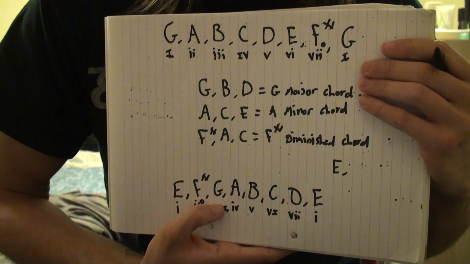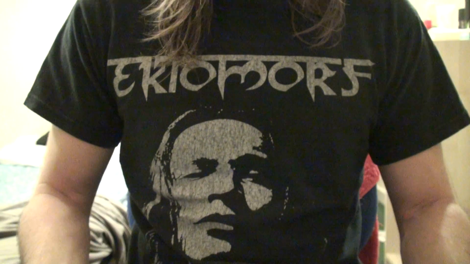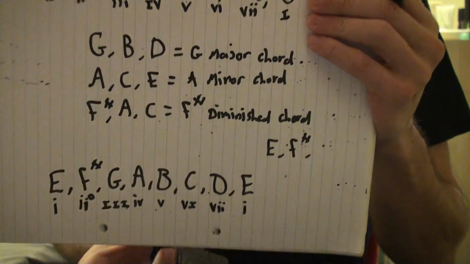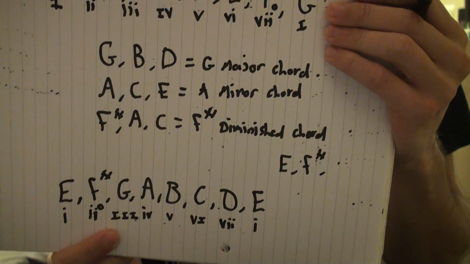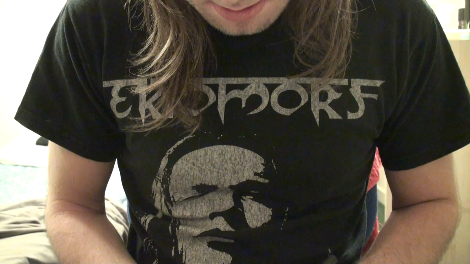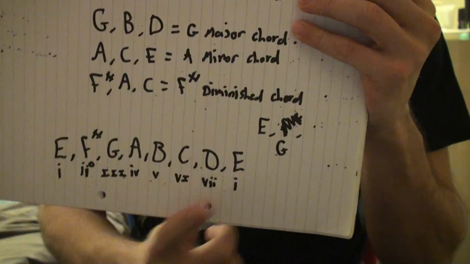Then from an F sharp to a G, there's just 1 note. Right, so that's 3 notes in total. So F sharp, okay, oops, sorry, G rather. Scribble that out. Right, E, G.